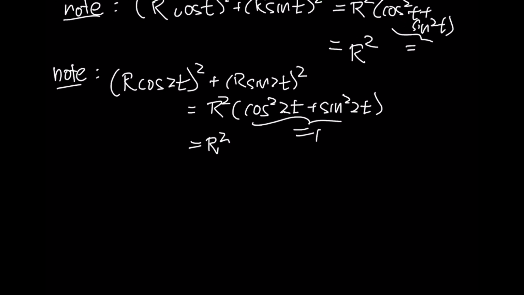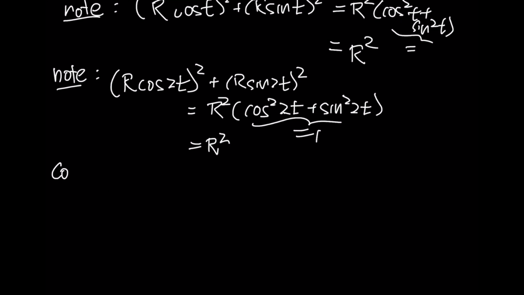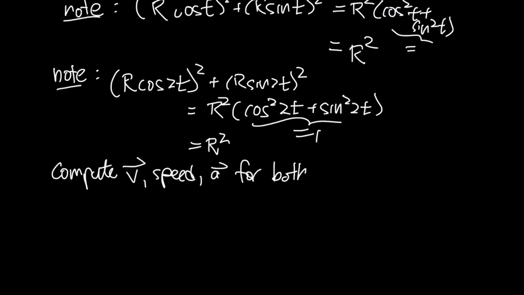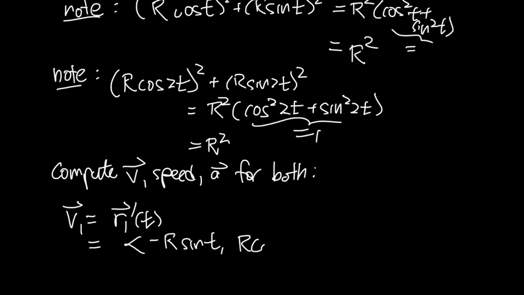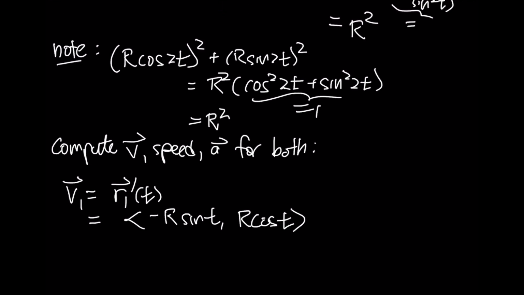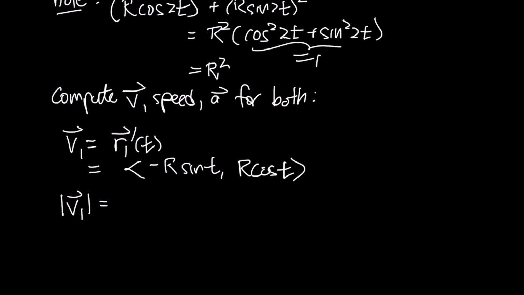So let's compute the velocity, the speed, and the acceleration for both of them. So v1 is going to be the derivative of the first parameterization with respect to t. It's the derivative of r cos t, so it's going to be negative r sin t, and the derivative of r sin t would be r cos t. The speed, which is the magnitude, is the square root of (negative r sin t) squared plus (r cos t) squared.